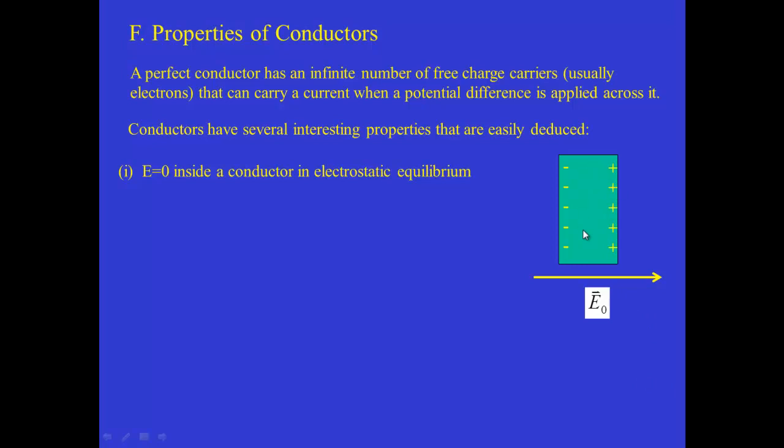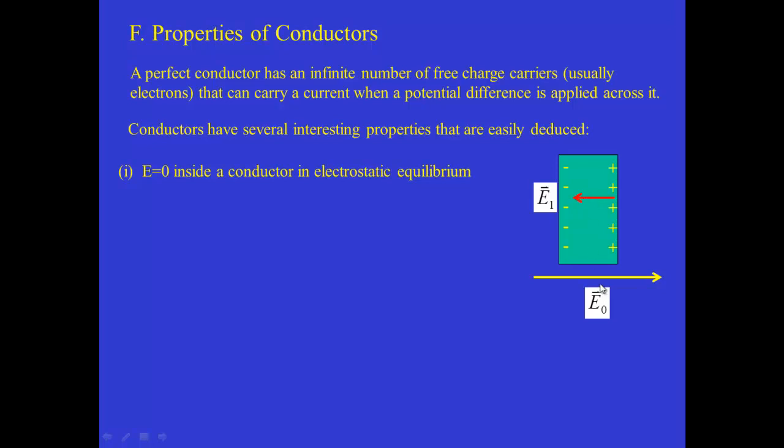And what this does is set up an internal field inside the conductor, and we'll call that E1. And its direction opposes the applied field E0, as you can see by the sign of the charge carriers. So these charge carriers will flow until E1 is equal and opposite to E0.